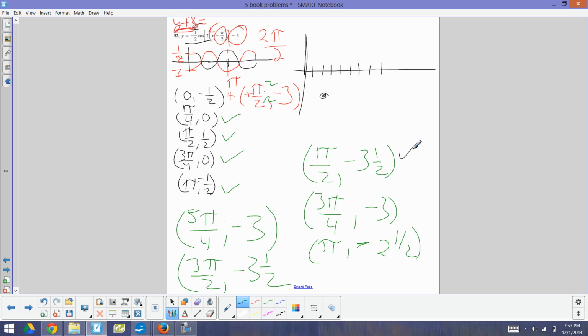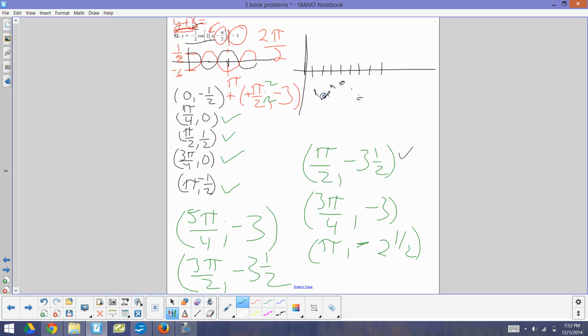3 pi over 4, negative 3 might put me right about there. Pi, negative 2.5 might put me right about there. 5 pi over 4, negative 3 might put me right about there. And 3 pi over 2, you can think of it as 6/4, which puts me right about there.